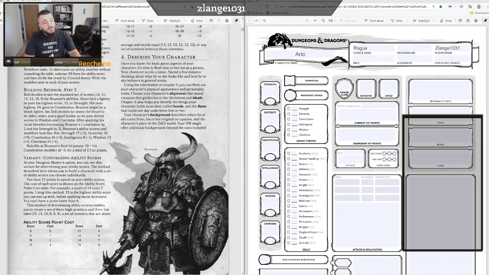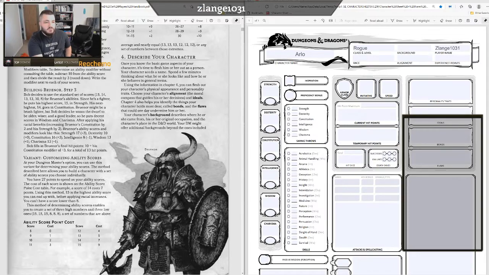A new way that I have heard about is you roll 2d6 and add 6. And the way another creator did the math, they said that the average of rolling 4d6, drop the lowest, is like 12.5.